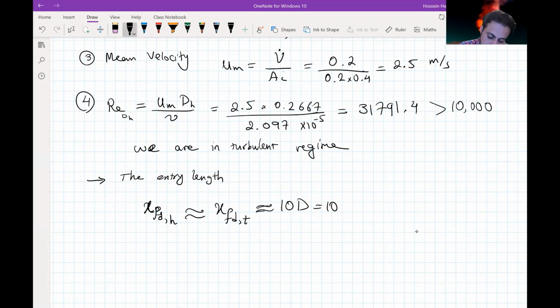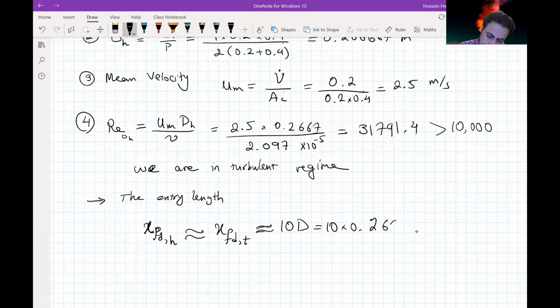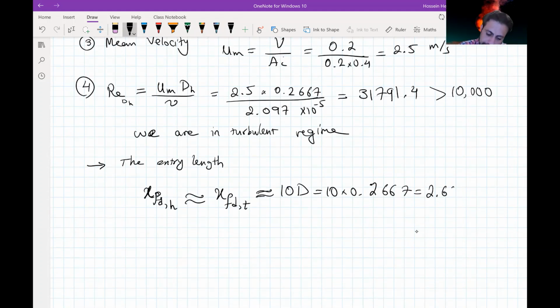So it's 10 times 0.2667, which is 2.667 meter, and this is much less than L, which is 9 meter.